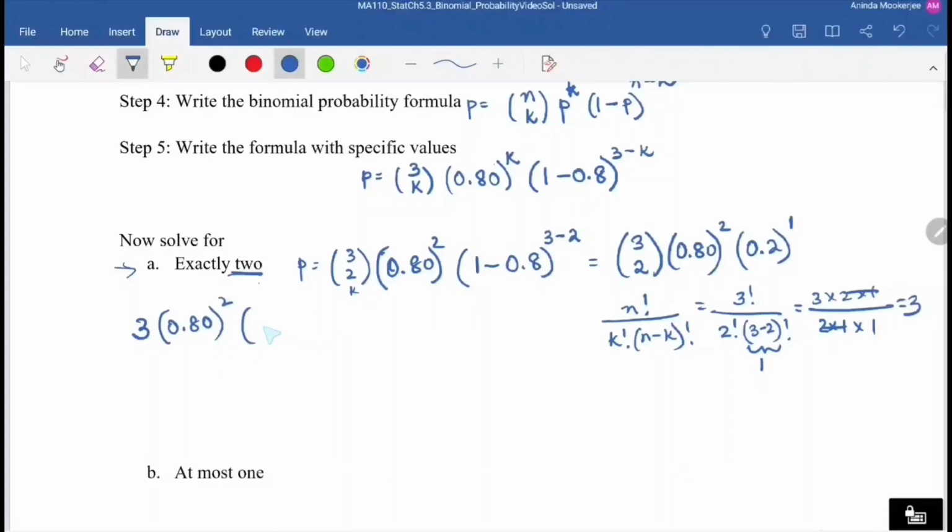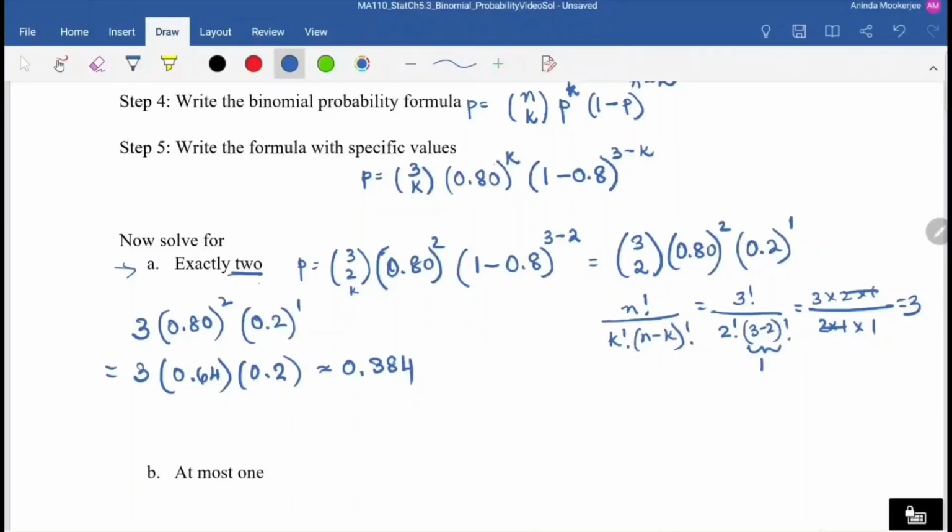Now 0.80 squared, and then 0.2 raised to the power 1. Again I'm writing all the steps. 0.80 whole squared is 0.64, and then times 0.2 is going to be equal to 0.384.